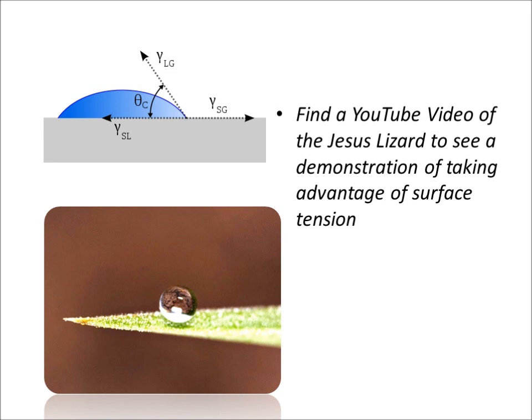One of the really interesting things you can do is find a YouTube video of the Jesus lizard to see a demonstration of taking advantage of surface tension. If you get a good video, you'll be able to see that the Jesus lizard's webbed foot splashes down in the water, and the mass of the lizard itself is so small that it's able to seemingly stay afloat on top of the water surface, even though you can see in the videos that it penetrates quite far.